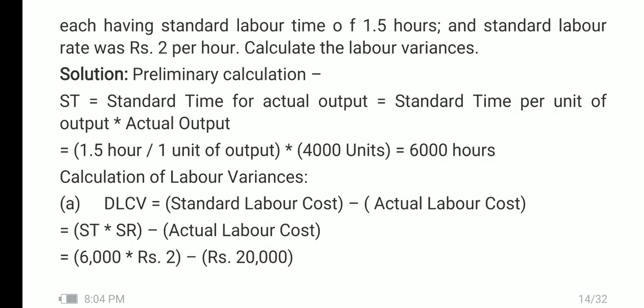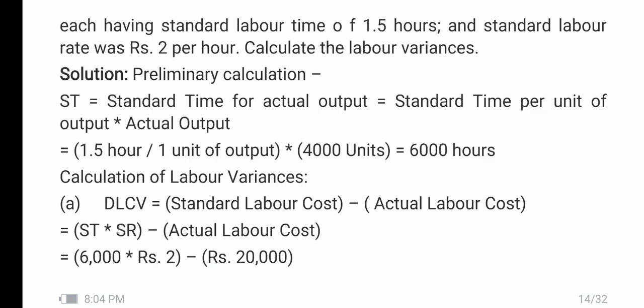Each unit of output has a standard labor time of 1.5 hours. So, standard time per unit of output is 1.5 hours and standard labor rate is given as rupees 2 per hour. Now, we are required to calculate variances.